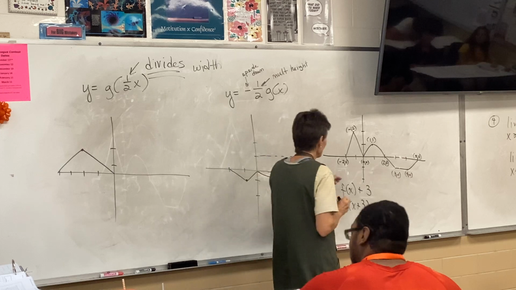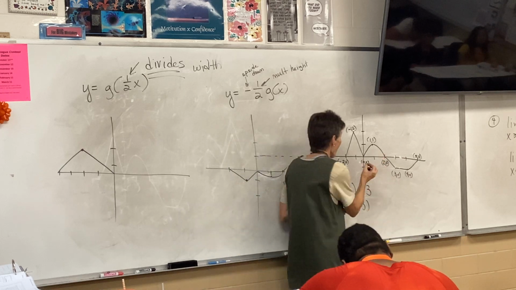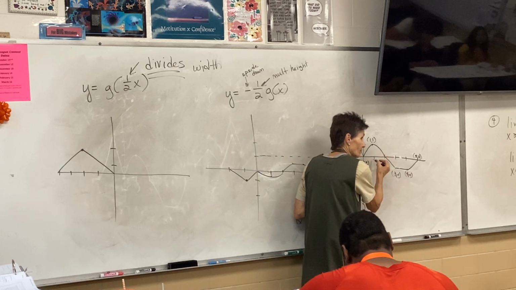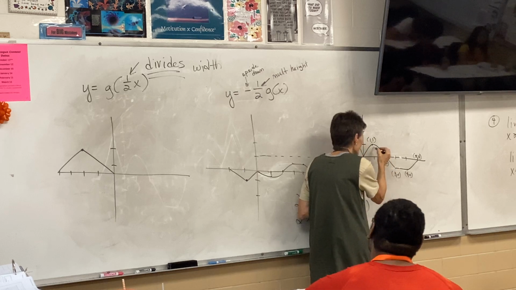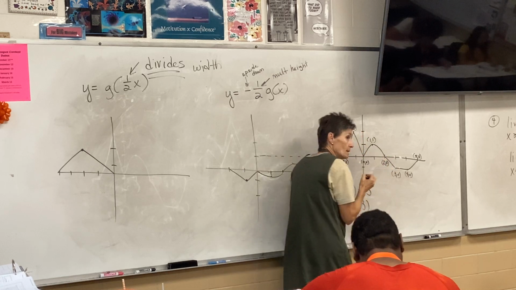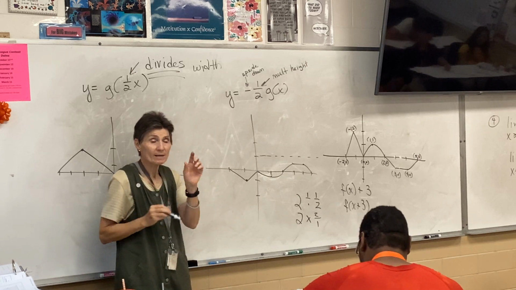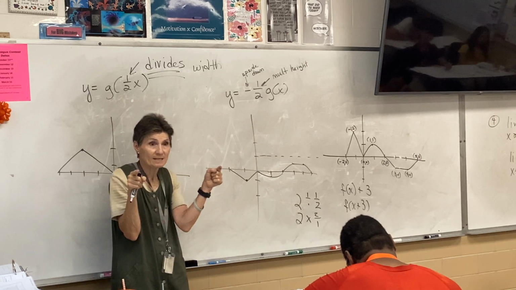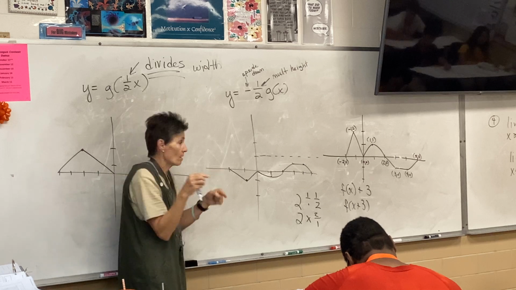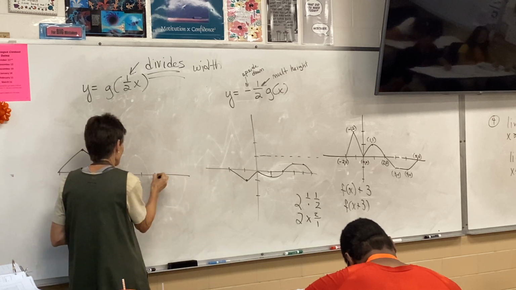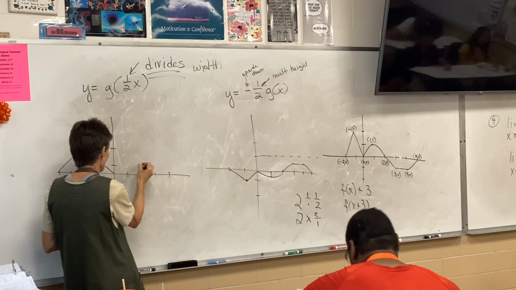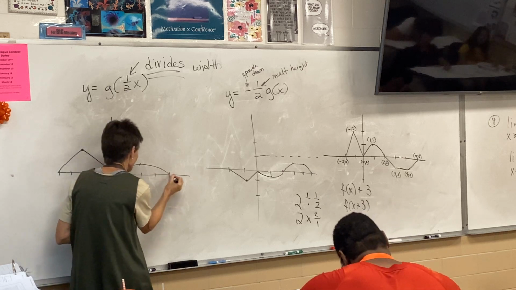Now, back to my original semicircle. How wide is he? 2. How high is he? 1. Now, I haven't changed the height, but now my width, instead of being 2, is going to be 4. So 1, 2, 3, 4. I'm still only up 1.